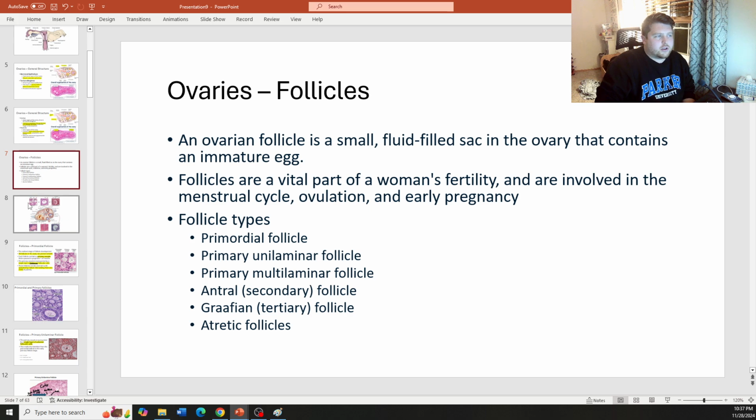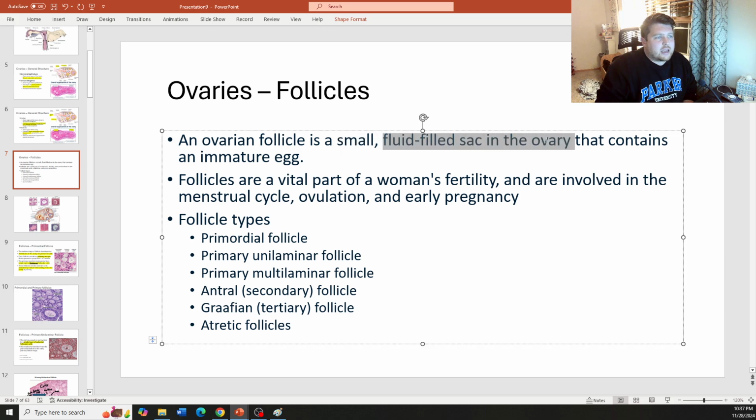Talking about follicles, these are what become the egg that is released during ovulation. You'll also hear the word oocyte. That is also referring to that specific egg that's going to be released during ovulation. An ovarian follicle is a small fluid-filled sac in the ovary that contains an immature egg.